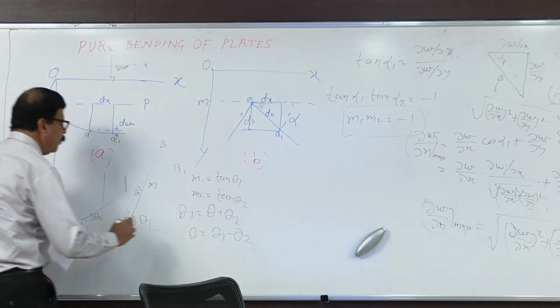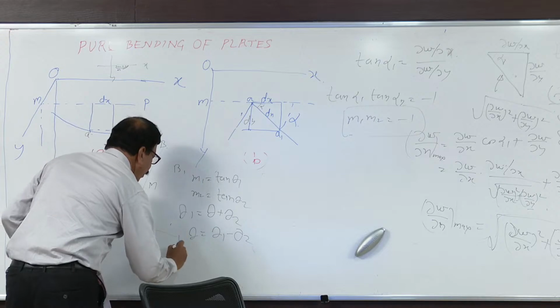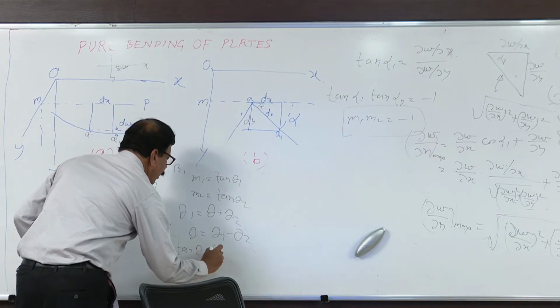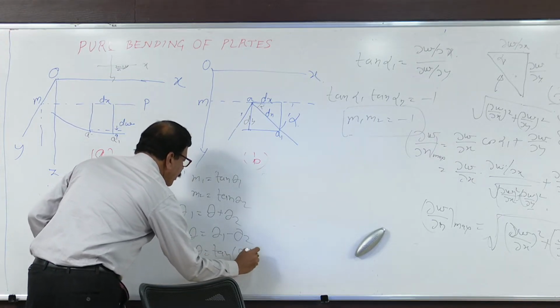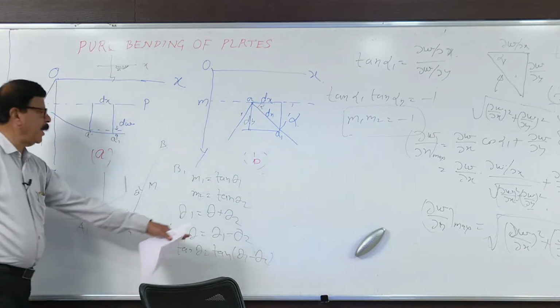Tan theta, if you put tan theta is equal to tan of theta 1 minus theta 2. What is the tan A minus B?